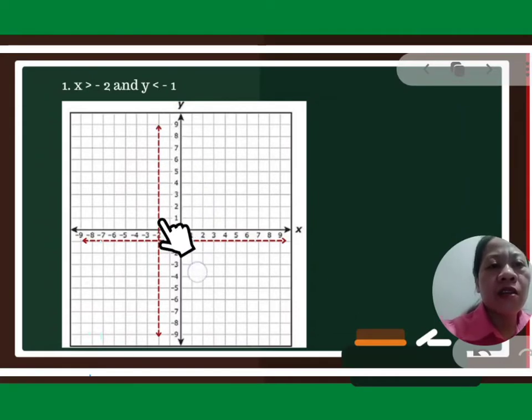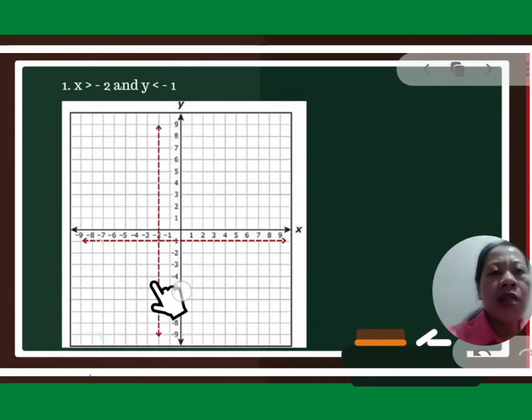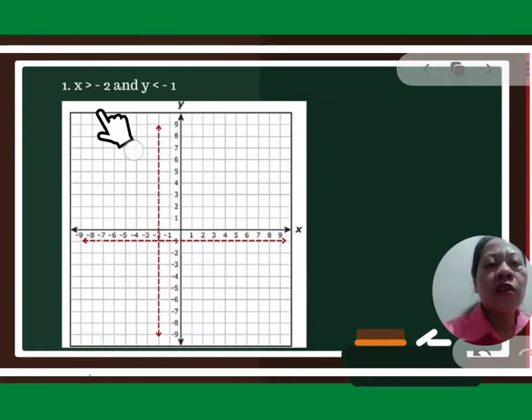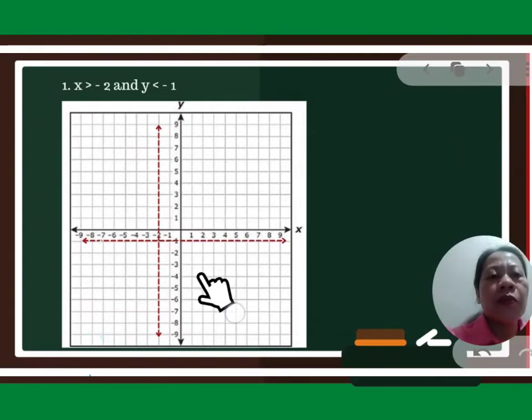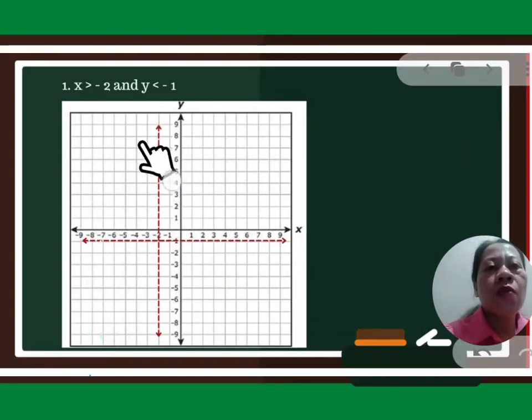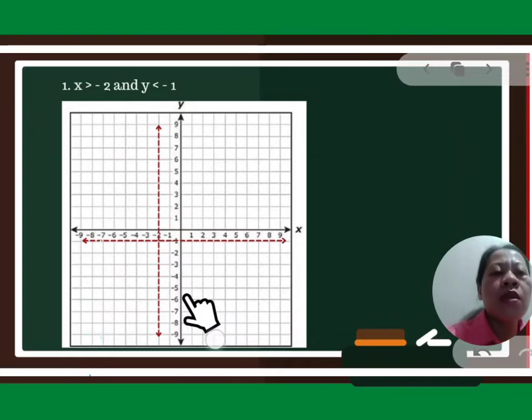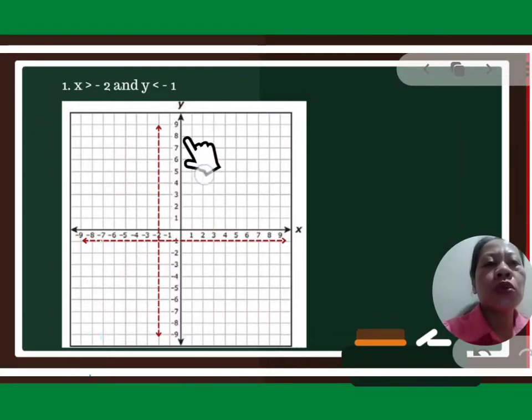So, this is the line for this inequality, and to decide which part of the plane would be shaded as part of the solution to this inequality, we are going to refer to the symbol. So, lahat ng x values that are greater than negative 2, that would be the solution, part of the solution to the inequality. So, this part here.